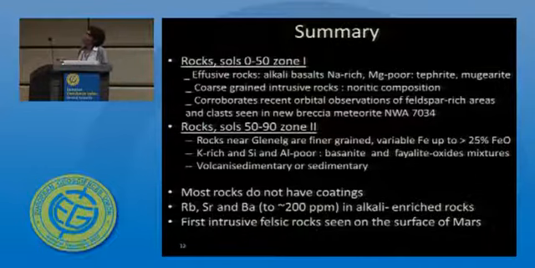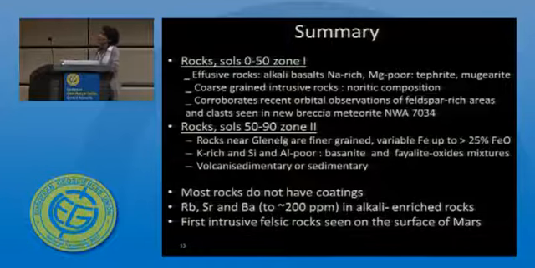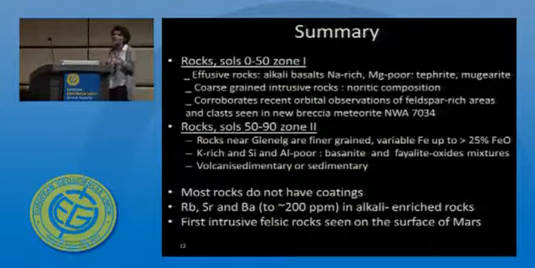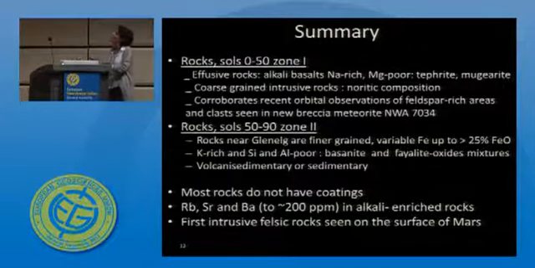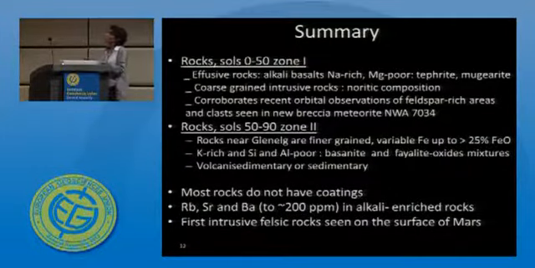In the first zone, we could find effusive kinds of rocks, such as alkali basalt, which are sodium-rich, magnesium-poor, which is a very important feature of Gale crater so far, and rocks like tephrite and mugearite. You can find as well coarse-grained intrusive rocks with compositions that are akin to noritic rocks.